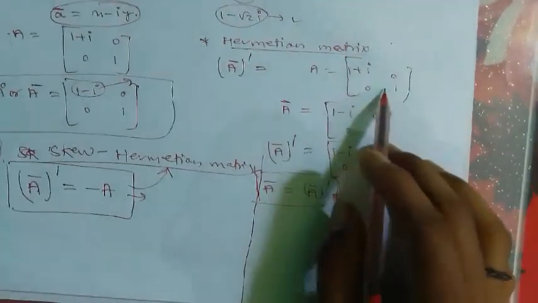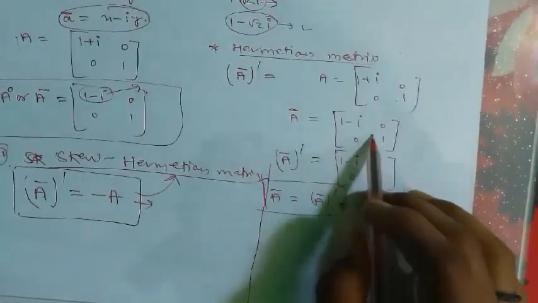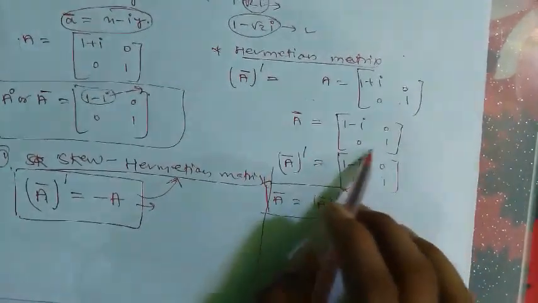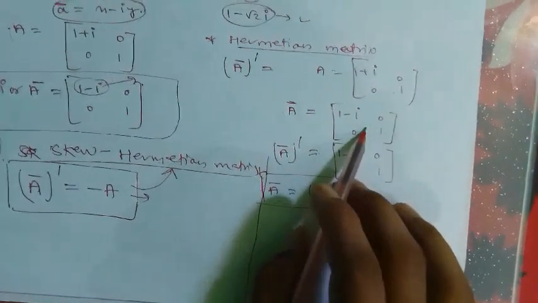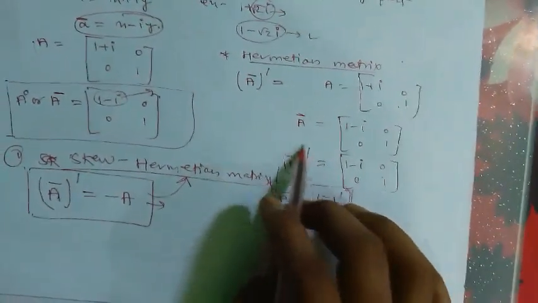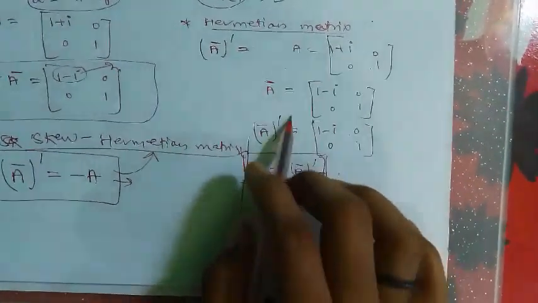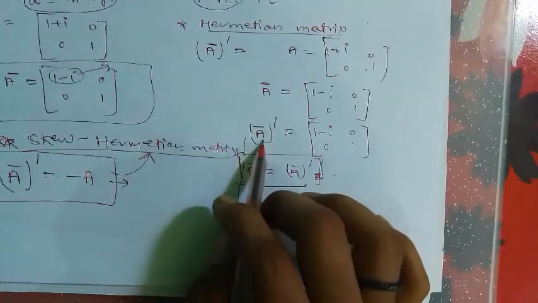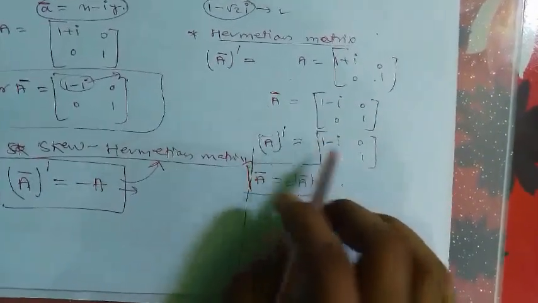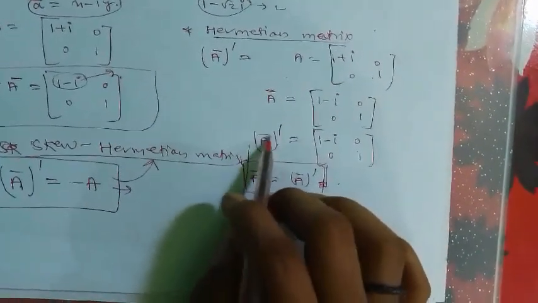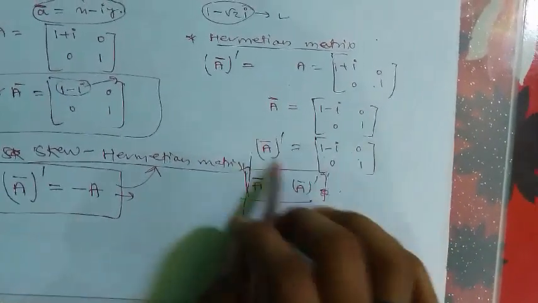So first of all, we take a matrix A and find the conjugate of this matrix, then we take the transpose of it.